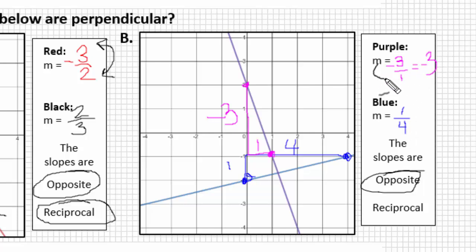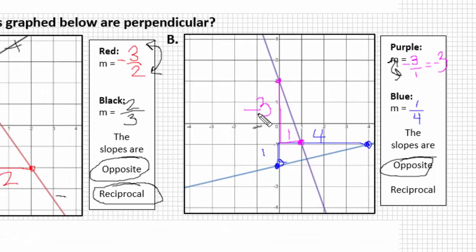If we took this, could we flip the fraction so that 3 was on the bottom and 1 was on the top, and get the fraction 1/4? Nope, because 3 and 4 are different numbers. We could flip it and end up with a 1 in the numerator, but we don't have a 4, because those numbers are different. So they are not reciprocal, they are only opposites. One is positive and one is negative.